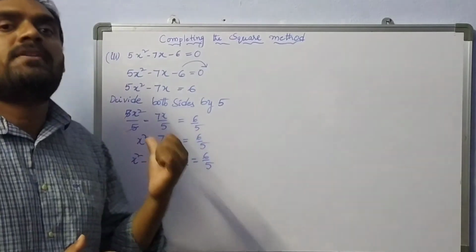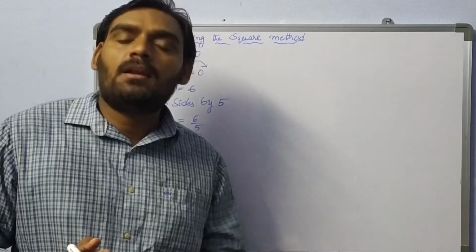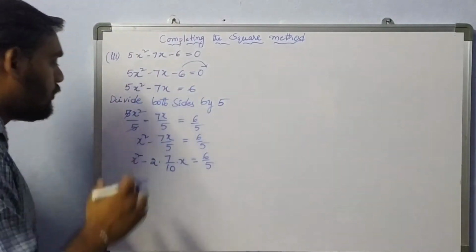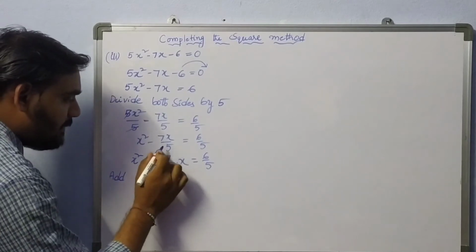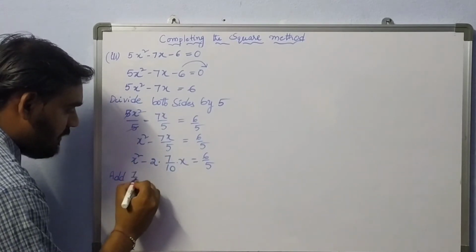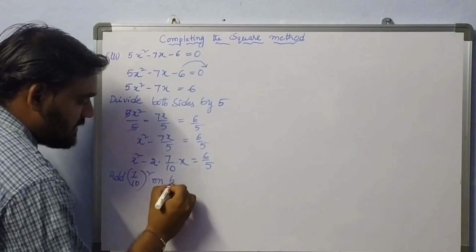So I need to get the left hand side as a perfect square, either in the form of a plus b whole square or else a minus b whole square. So that only here add, what is the b here? 7 by 10. 7 by 10 whole square on both sides.